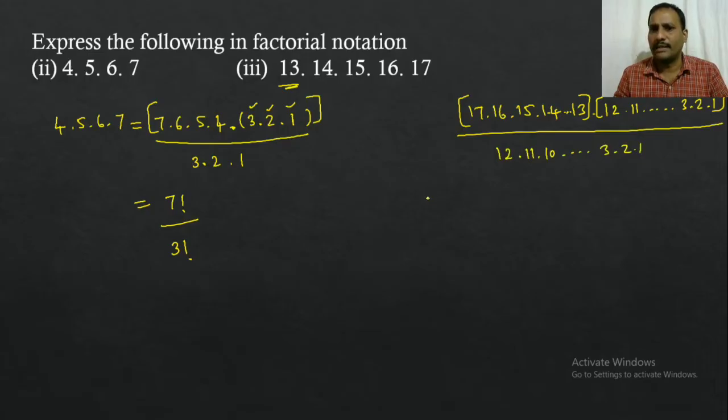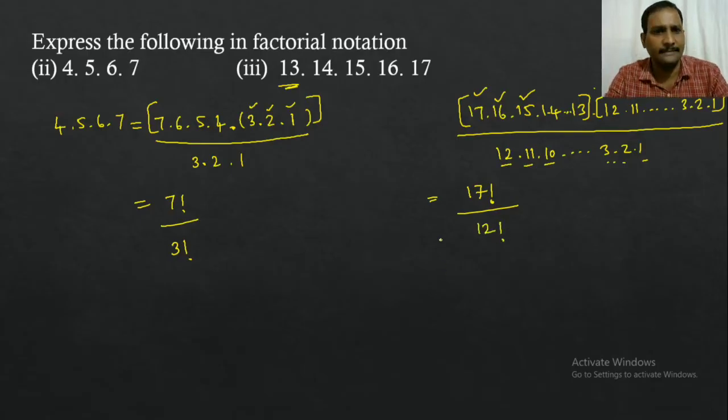This will become 17 into 16 into 15 and so on up to 3 into 2 into 1, which can be written as 17 factorial, by 12 into 11 into 10 and so on up to 3 into 2 into 1, which is 12 factorial. So this is the factorial notation.